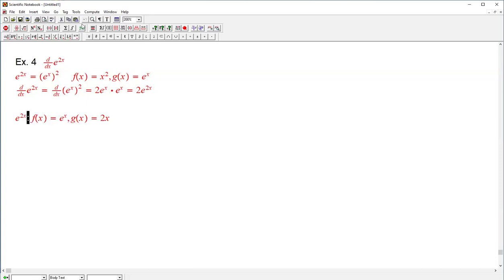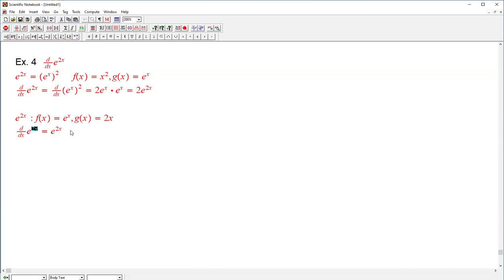But are we going to get different results? Let's watch. We differentiate e to the power something: the derivative of e to the power x is e to the power x. So we get e to the power 2x here, because the derivative of e to the power something is e to the power something.